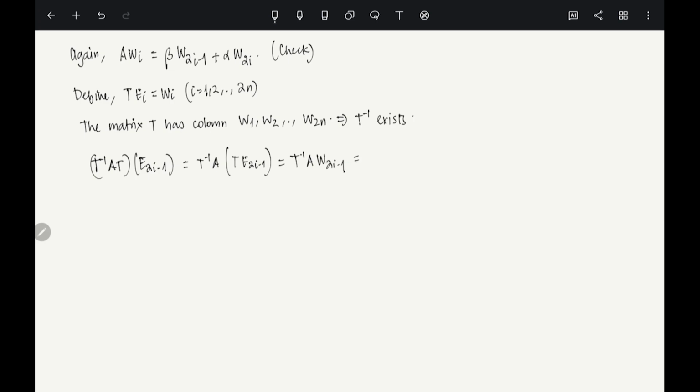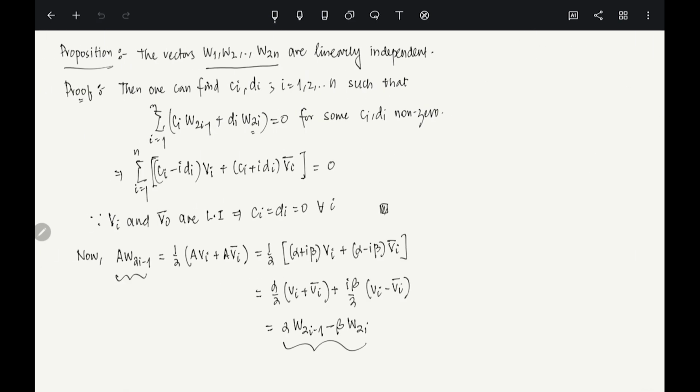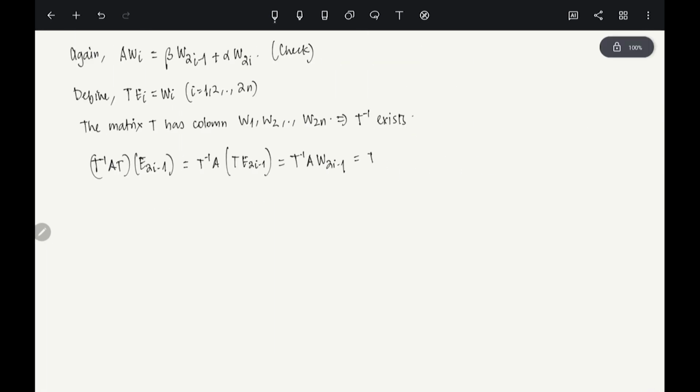Now what is A W_{2i-1}? It is alpha times W_{2i-1} minus beta W_{2i}, right? So this is T inverse of alpha W_{2i-1} minus beta W_{2i}.